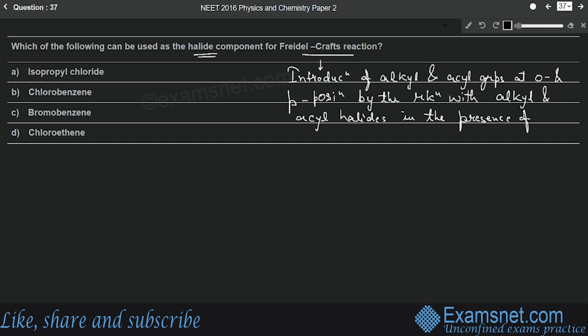The most commonly used catalyst is anhydrous aluminium chloride, that is AlCl3, and we know that anhydrous aluminium chloride is a Lewis acid.